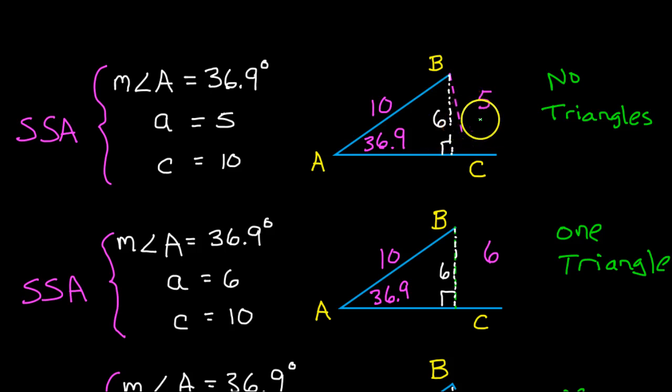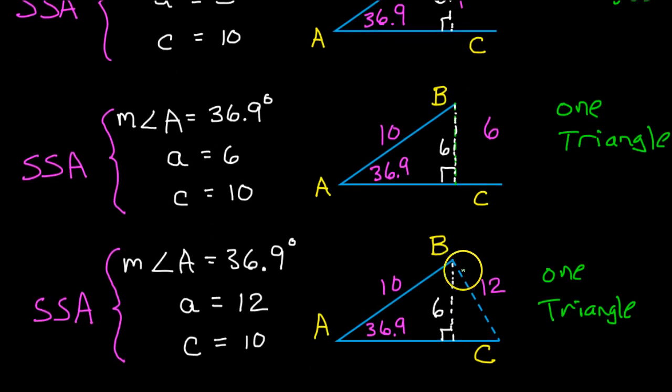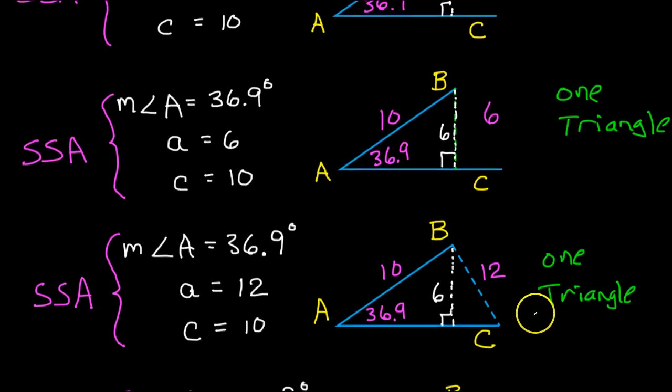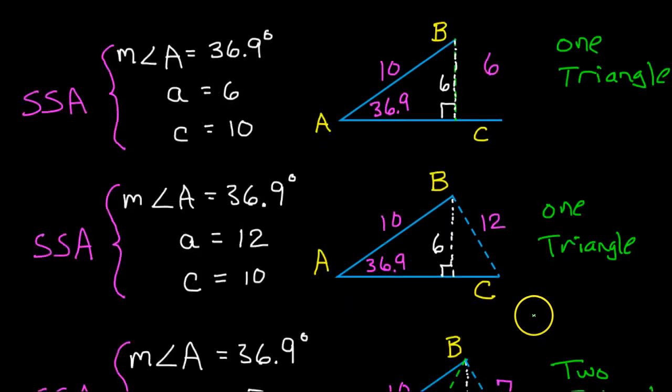if it's too short, if it's shorter than the height, you will have no triangles. If it's exactly the height, then you're going to have one triangle, a right triangle. If it's bigger than the height and bigger than the other side, then you're only going to have one triangle. It won't be a right triangle, but you're only going to have one triangle.